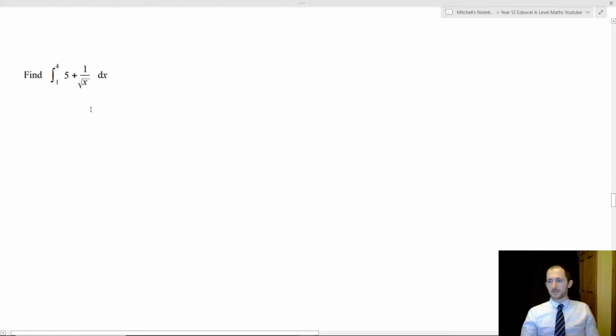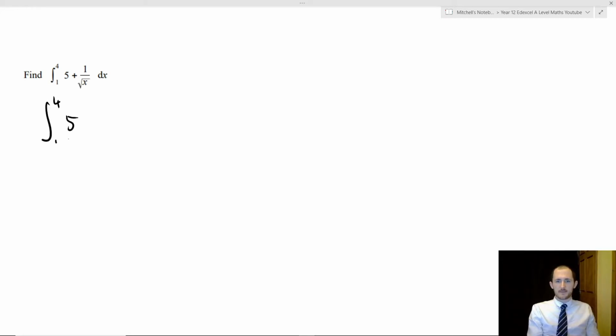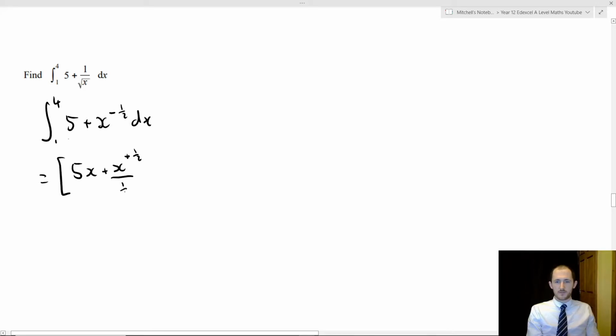Again, we have another integrating between a certain range question. So once again, change this into the proper indices, so that would be minus a half dx, 5x, and see, this is where things can get a bit tricky. You have x to the plus a half now, over a half.